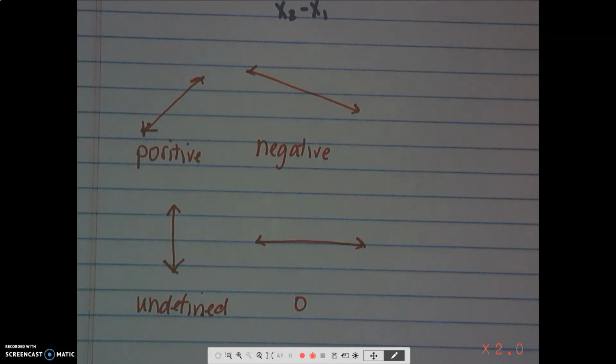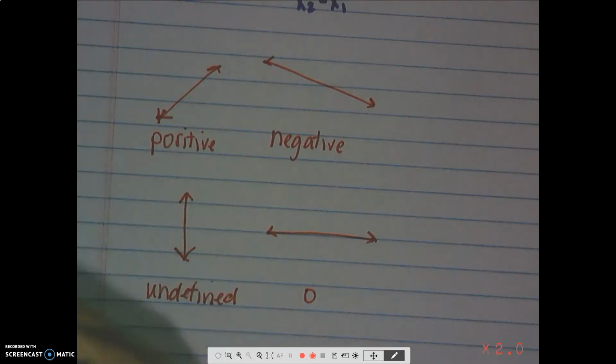Now, what happens if they're not graphed for us? Okay, so if you were to get something like this, we want to find the slope between the points 2, 7, and negative 1, 1.